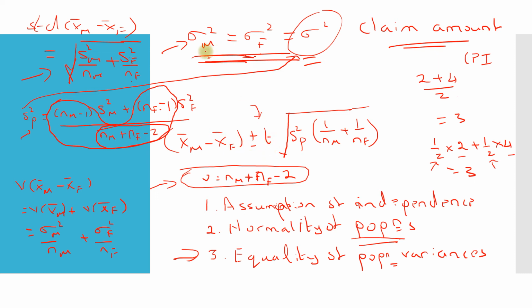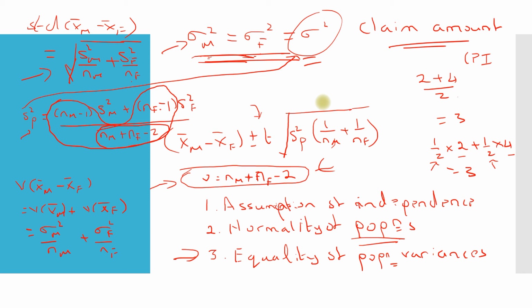Now, if they are unknown and the sample size is small, just like we explained earlier for the one sample case, we need to use the t distribution with the appropriate degrees of freedom. So that's a little bit how it is for the two sample case.